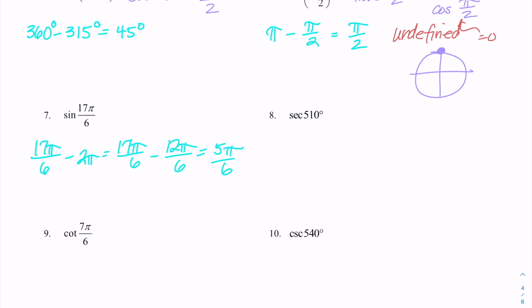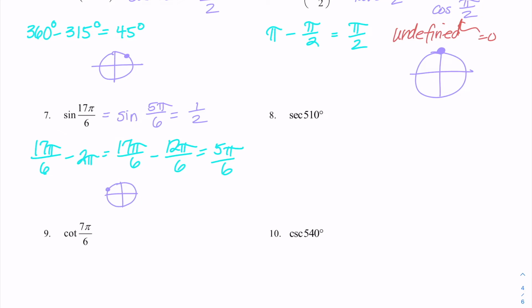So this is equal to the sine of 5 pi over 6, and that is equal to 1/2. And as you can see, 5 pi over 6 is almost to 6 pi over 6 right there. And I probably should have put this 45 degrees there.